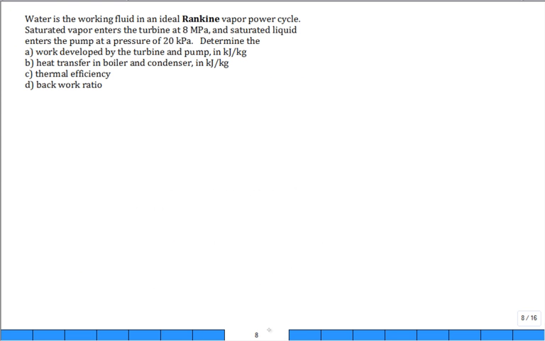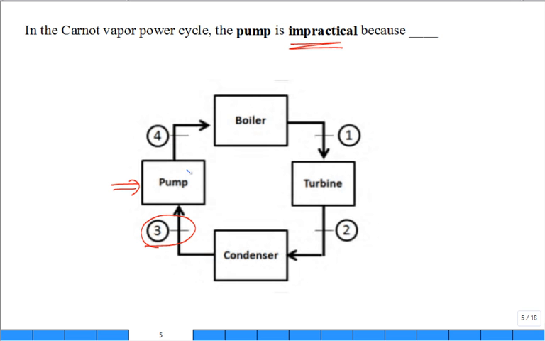That's what the word ideal means. Before we solve the problem, I want to talk about how we modify the cycle to make this pump work. What do we do to the cycle to make it practical? This used to be the saturated liquid state, state 4. What we do is we let the condenser do the whole work. Let the condenser do its great job of condensing, such that what comes out of the condenser isn't some 30% quality with some vapor.